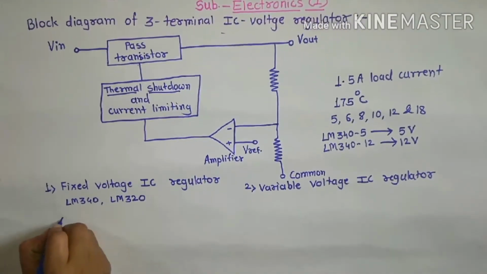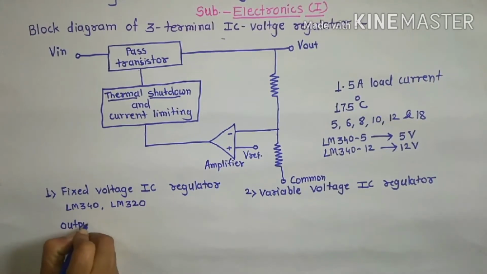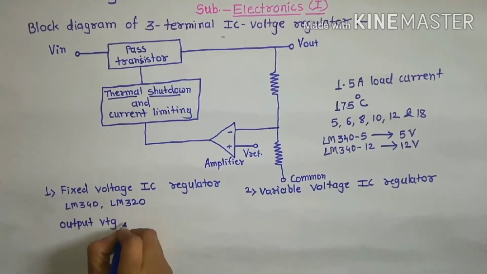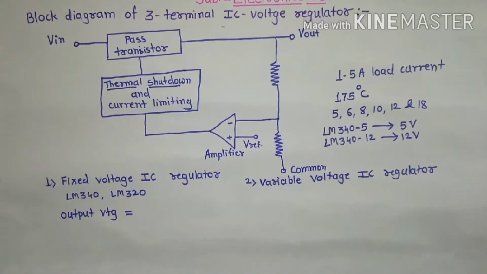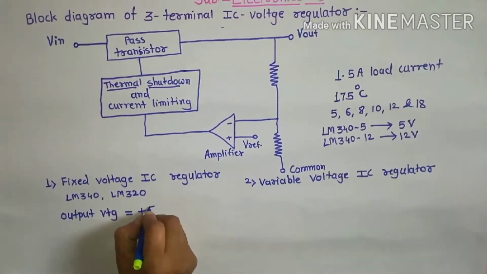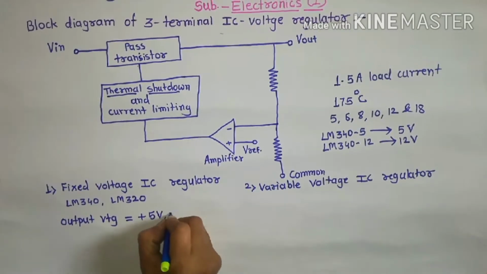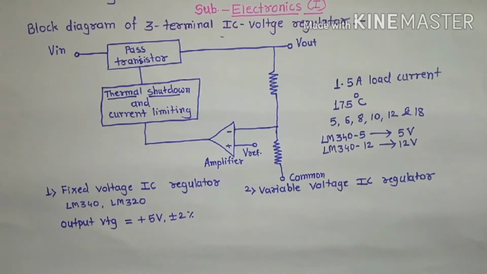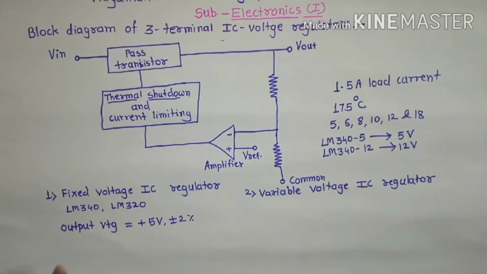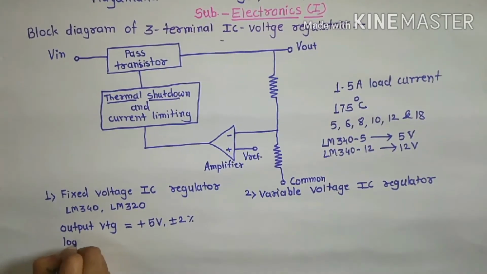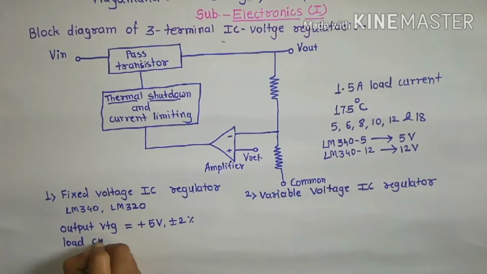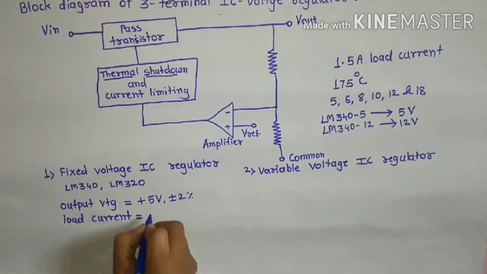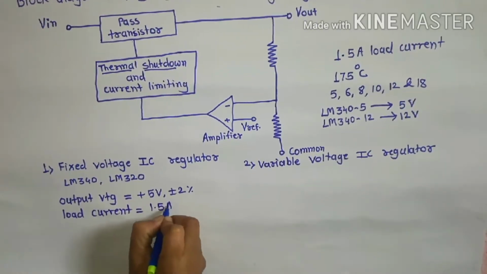The output voltage of this fixed voltage regulator is plus 5 volt, plus minus 2%. 2% is the tolerance in the output voltage, and the maximum load current of this fixed voltage regulator is 1.5 ampere.